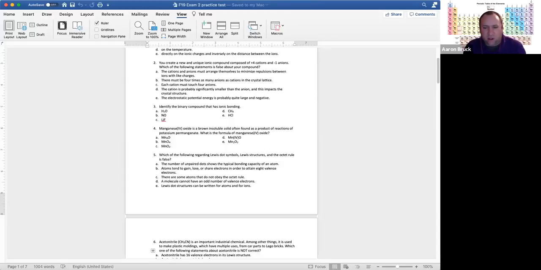Okay, so we have to dissociate ourselves from the difference between the octet rule and formal charge. Taking the example you just laid out, chloride.